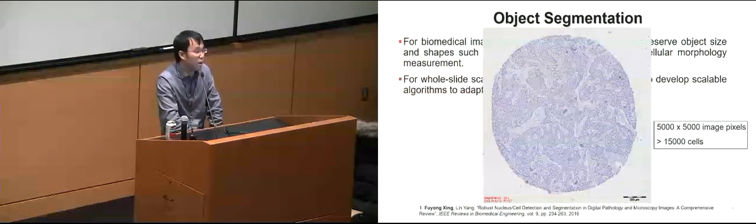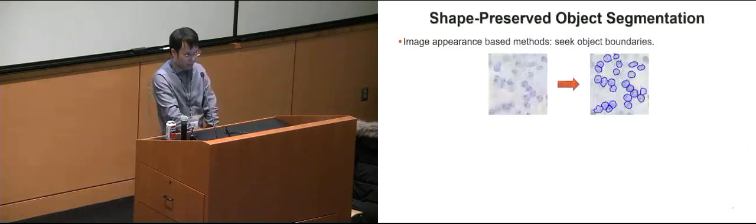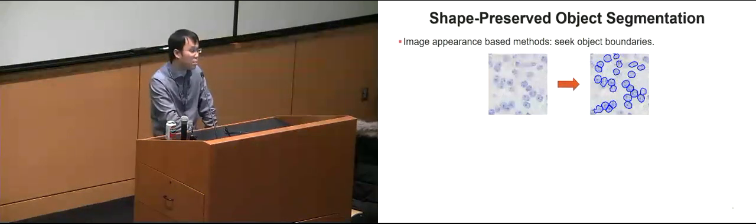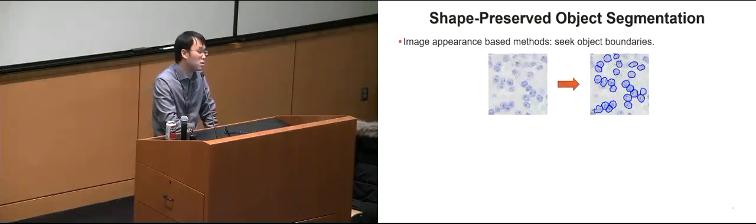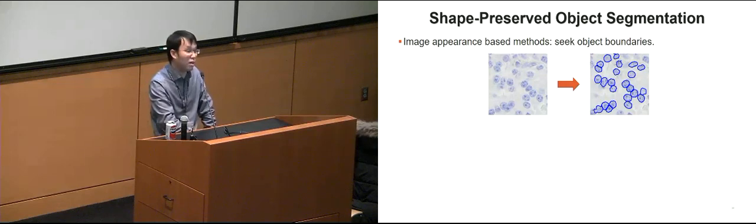So here we first talk about shape-preserving object segmentation. Usually there are many algorithms you can use for object segmentation based on the image appearance, the gradient or the intensity or the texture as well. For example, you can use level set or graph cut methods. For the image we show here, we use a level set to segment each item.